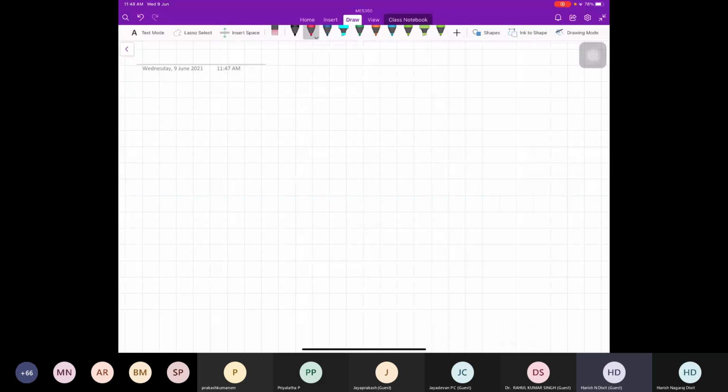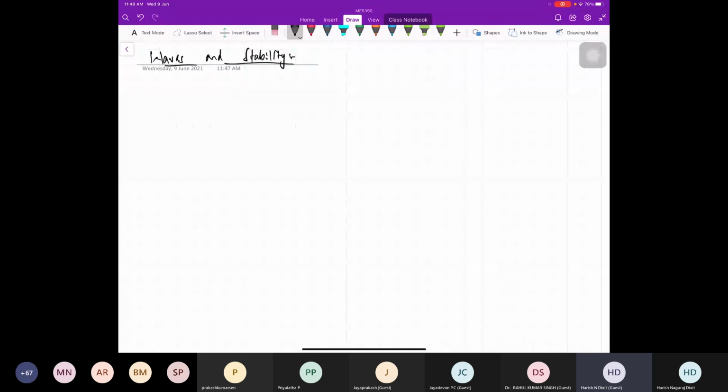Let me just give it a title. Waves, instability. This is across the scales, small scales to large scales. We saw examples of small scales. You saw things like a tiny droplet being held upside down when it was heavy.